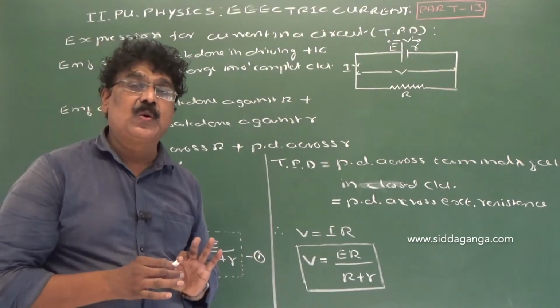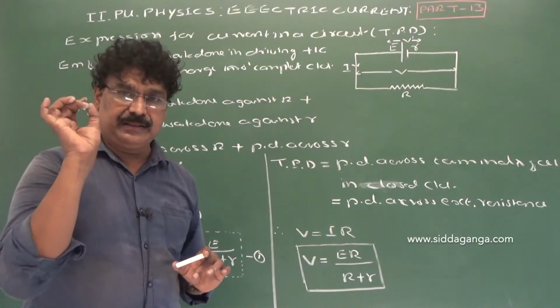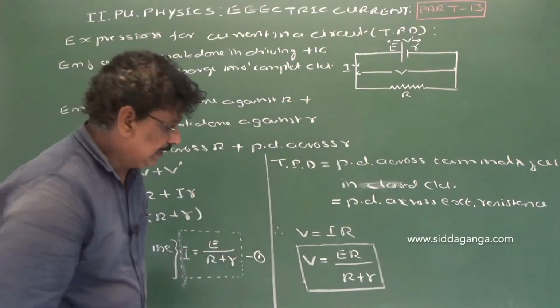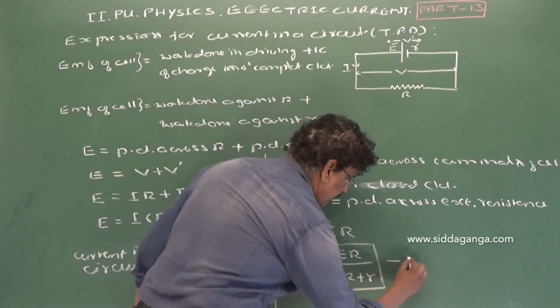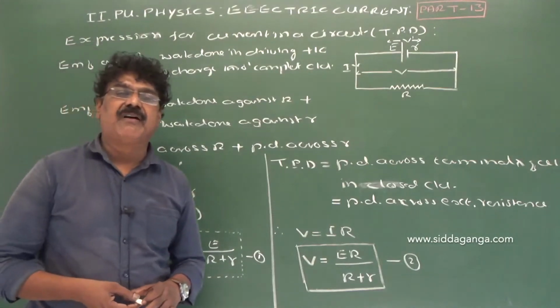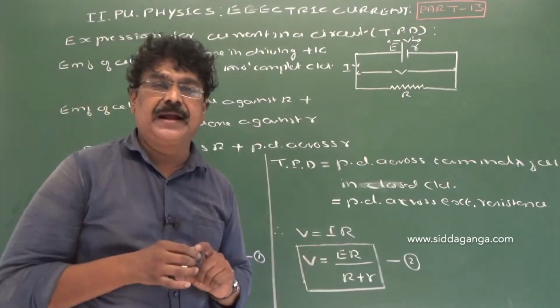It depends only on the nature of the electrode and the nature of the electrolyte. Is that clear? This expression, say equation 2, gives the expression for terminal potential difference across a cell.